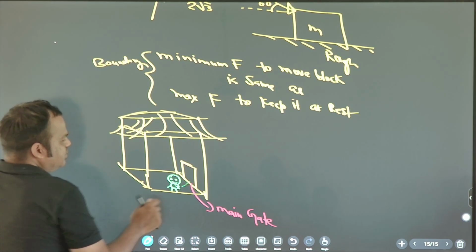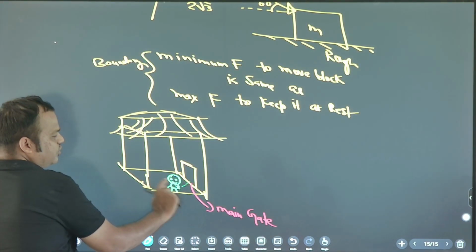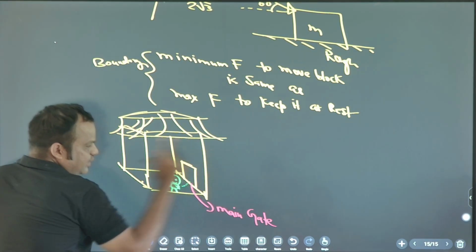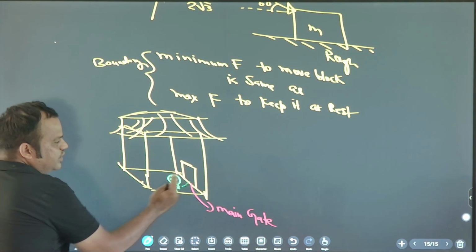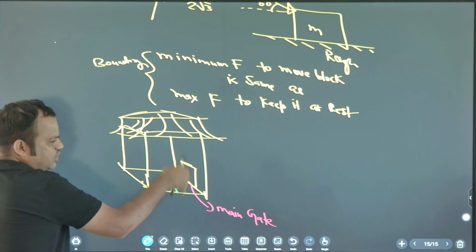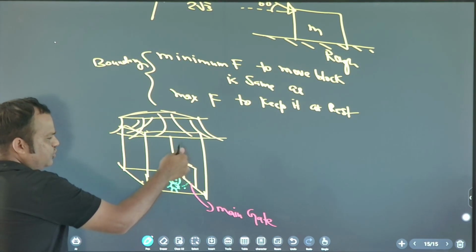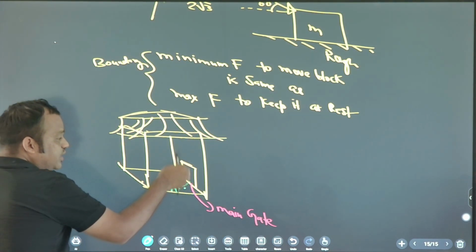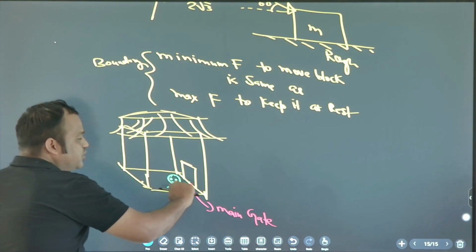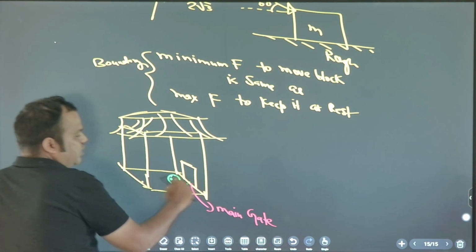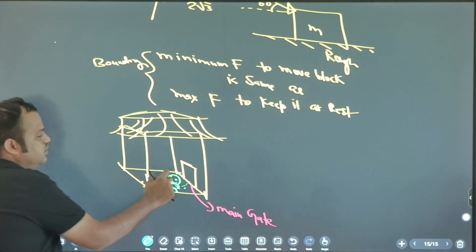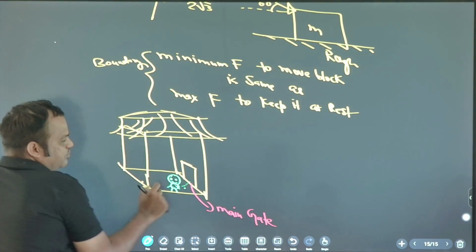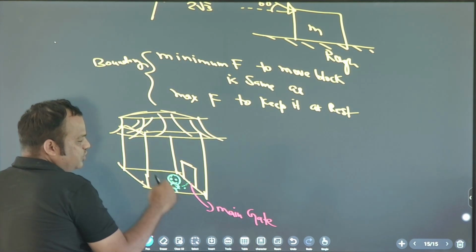So I don't want the kid to go outside. Maximum how far can it go? Up to the door only, the gate. Suppose I want the kid to come out. Then at least, minimum where should it go?